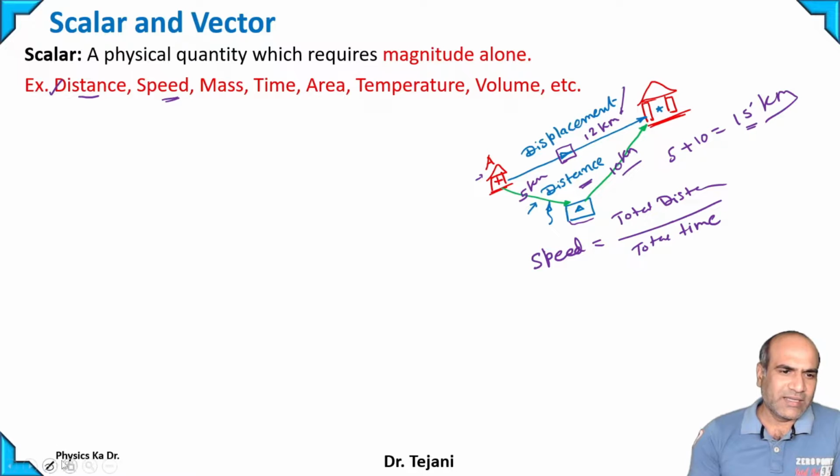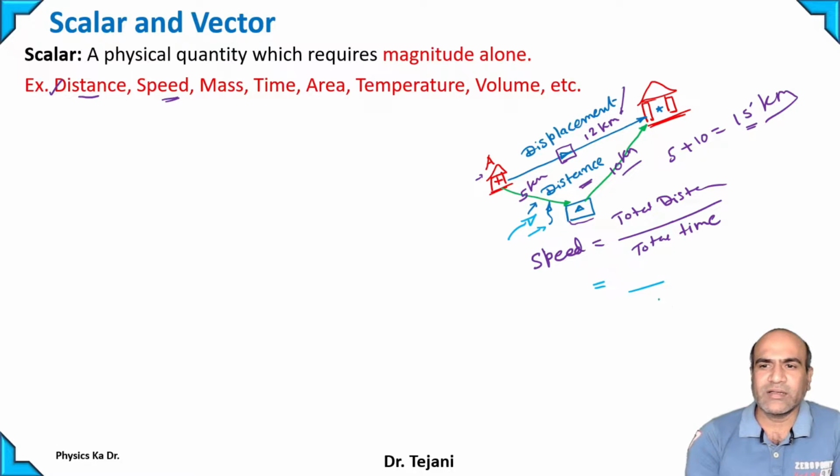So if we talk about speed, we need to consider total distance. In the case where she travels via the parlor, it becomes 15 kilometer, and in this travel, suppose she takes 30 minutes.